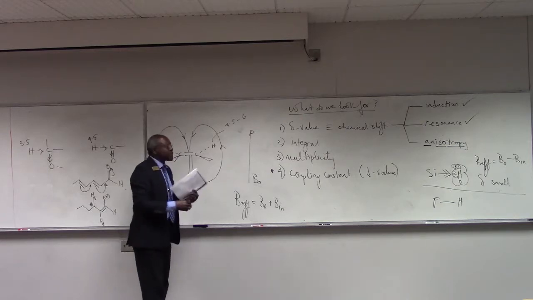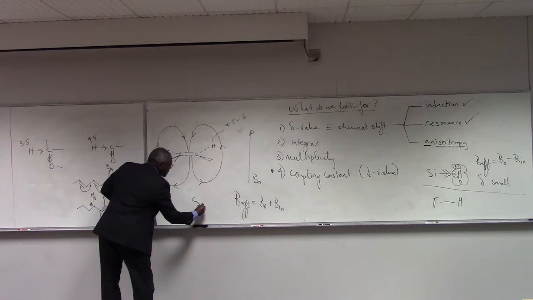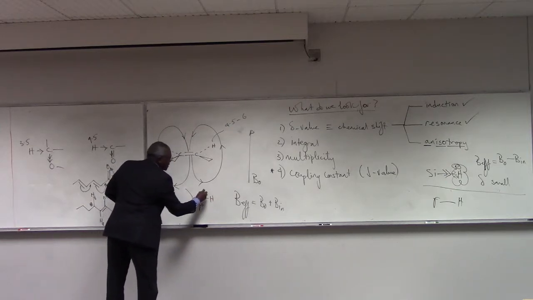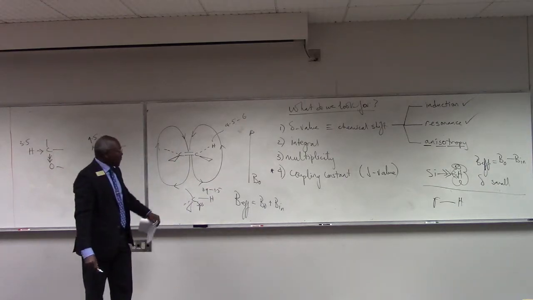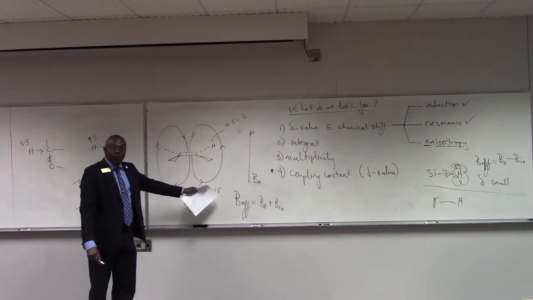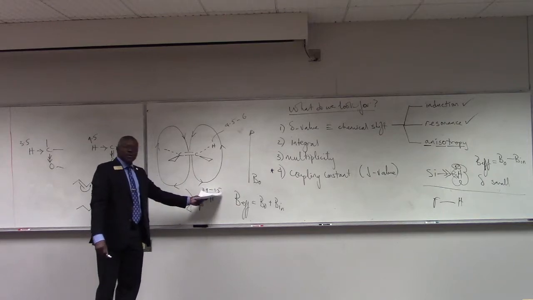Now, let's think this through. H attached to an sp3 hybridized carbon typically shows up between 0.9 and about 1.5. If it's methyl, it's 0.9. Methylene, 1.2. Methine is 1.5. But these are low delta values.